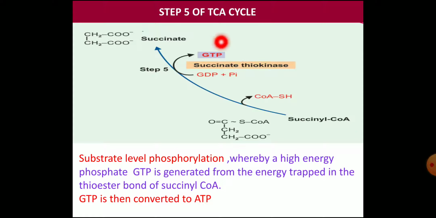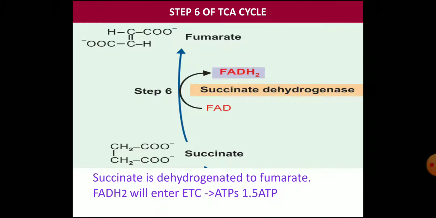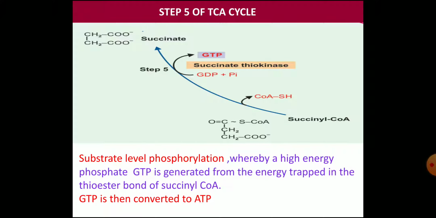Okay, so GTP is produced, and this GTP can be converted to ATP, that is GTP plus ADP can form ATP plus GDP. Okay, so the GTP, one molecule which is formed, can be converted to ATP. Remember, so here again one more molecule of ATP.